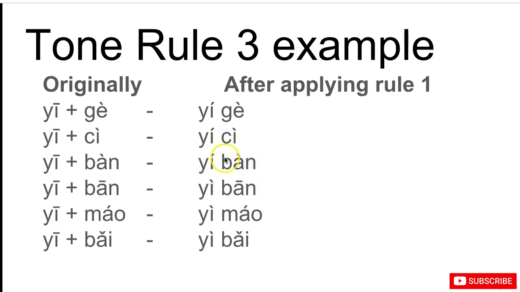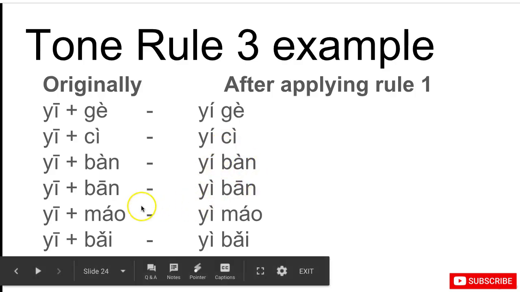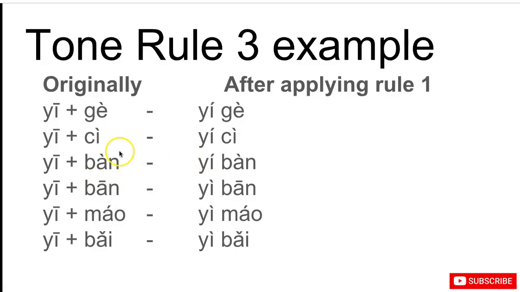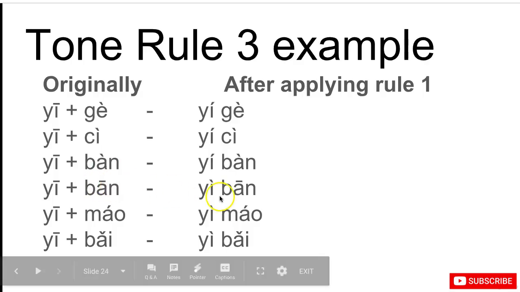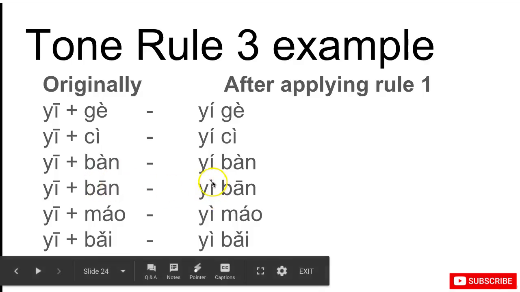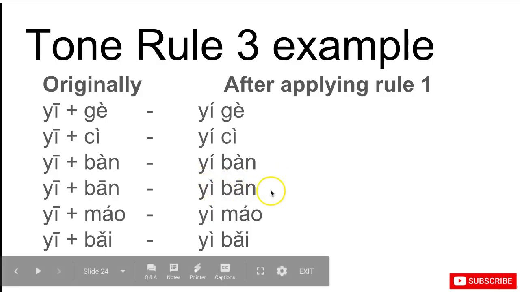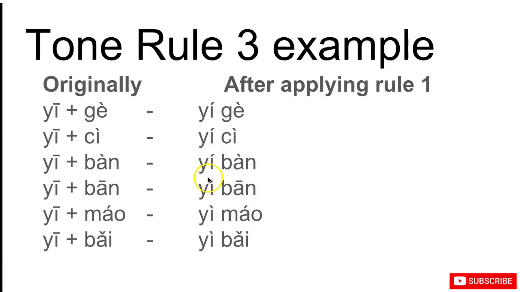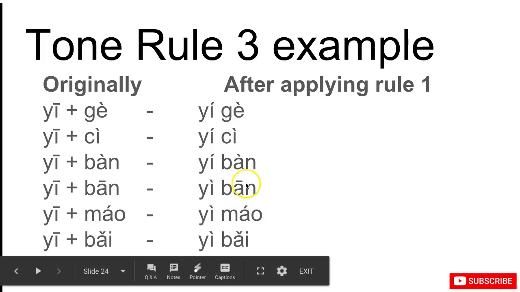Remember that it changes to second tone only when it's followed by a fourth tone. Now it is being followed by something else, so it will stay in the fourth tone. Remember the fourth tone is falling, first tone is high, so this will sound like yi ban, yi ban.